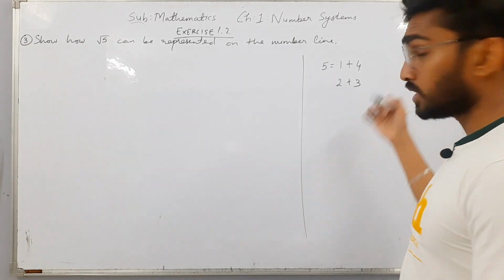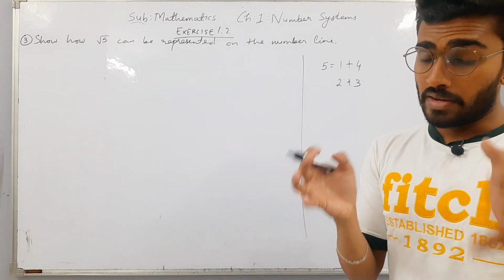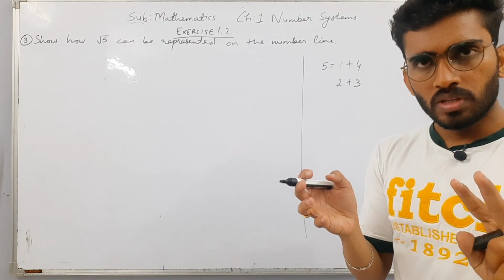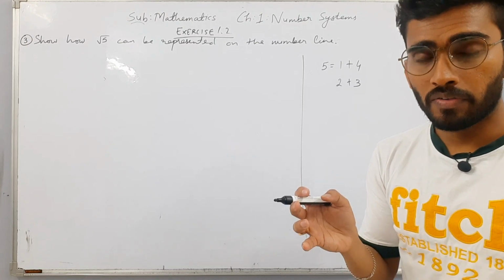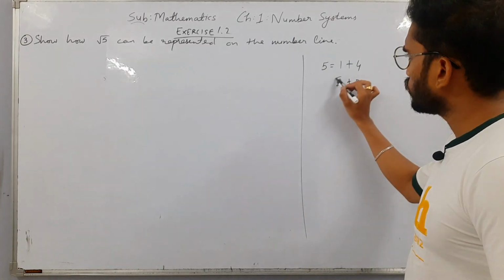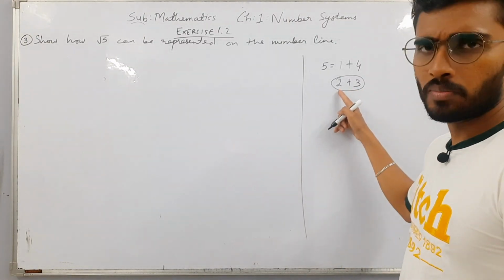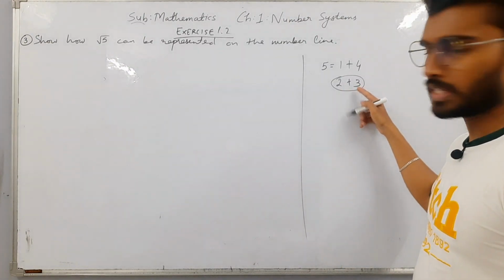And from these two options, which option will we select? We will select the option in which both numbers are perfect squares. Here we can see that 2 and 3 are not perfect squares. 2 is not a perfect square, 3 is not a perfect square.